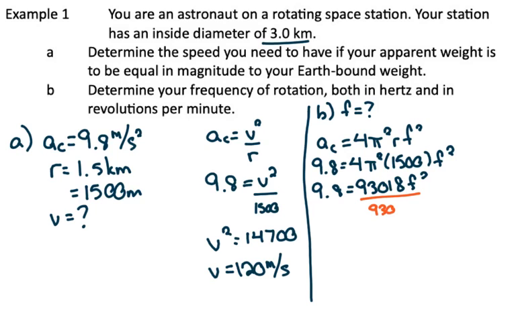Divide both sides by 93,018, and we get that f squared is 0.000105355.